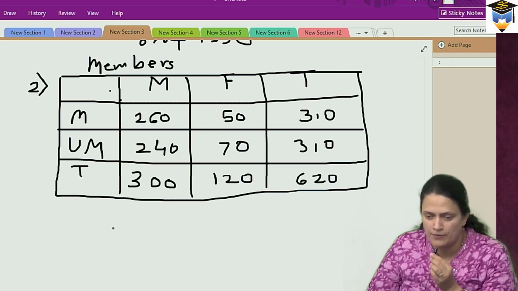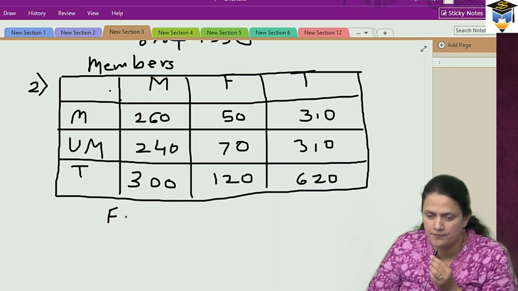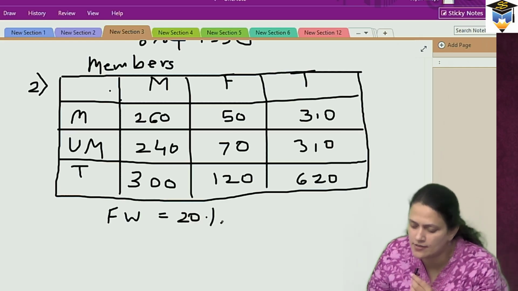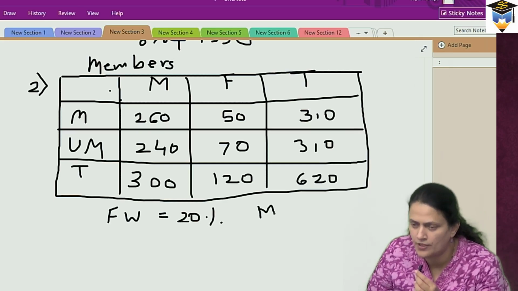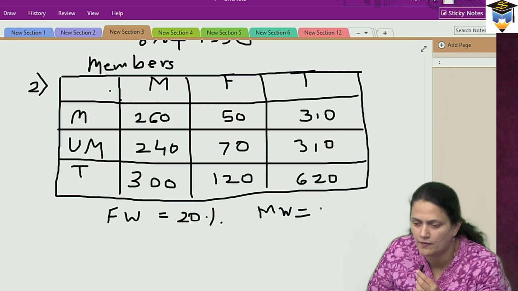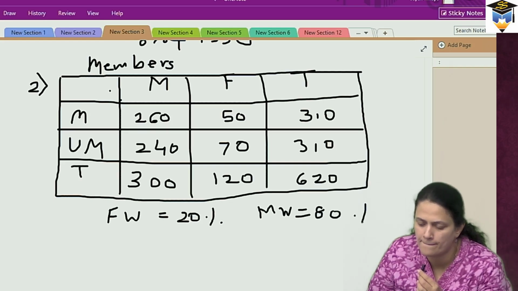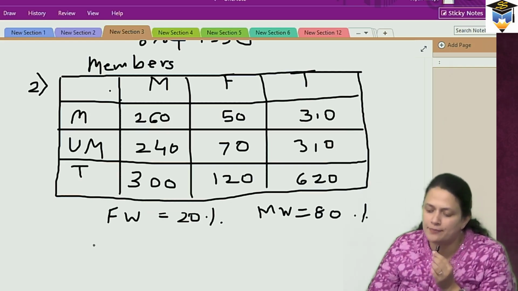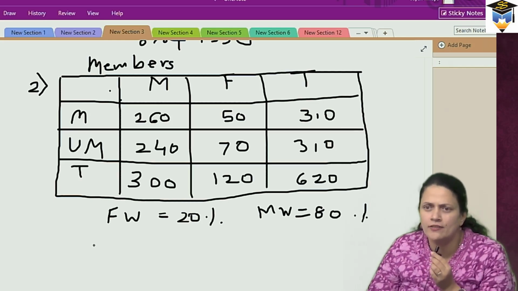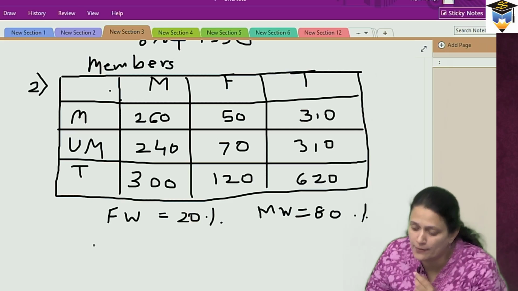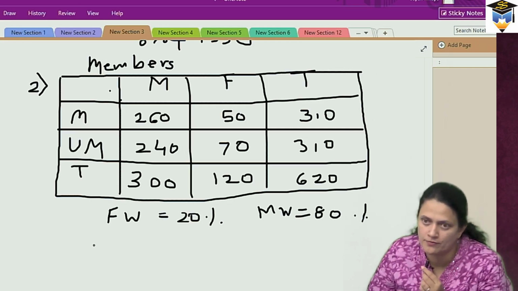So see, female workers is 20%. Male workers is 80%. Correct? Total number of workers what is given to us? 600. I am talking about members of the trade union.